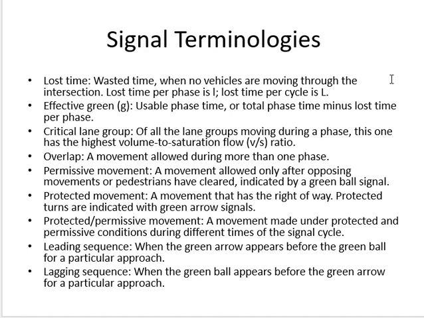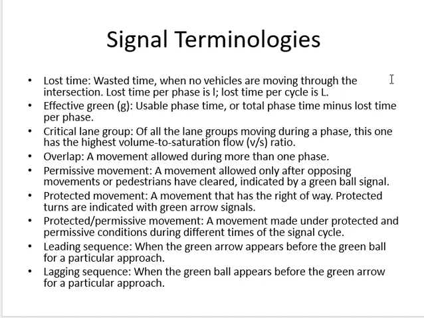I'll give the concept, don't worry about these words. Basically this part is extra here, this should not be here. Permissive movement, this is the definition. You can cross out this one. It's not indicated by any signal. So a permissive movement is allowed when the opposing traffic and pedestrian volume is cleared.